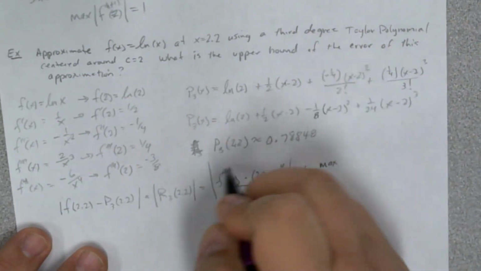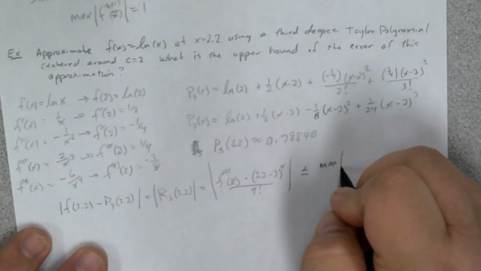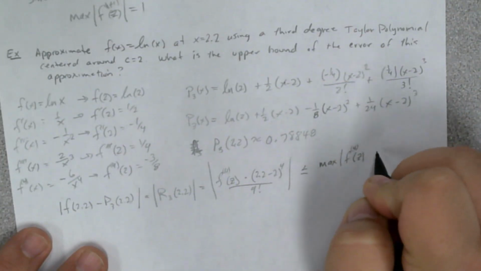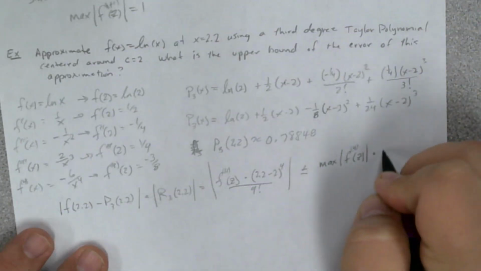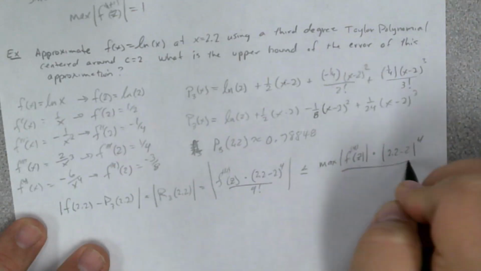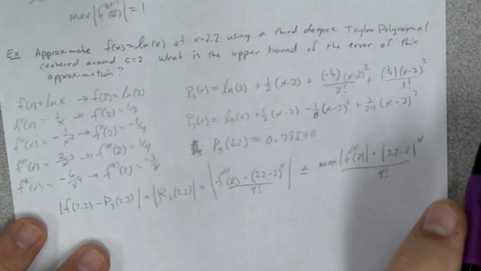Since I can't find that, what's the max of that of z? And this is going to be 2.2 minus 2 to the fourth power over 4 factorial. Okay?